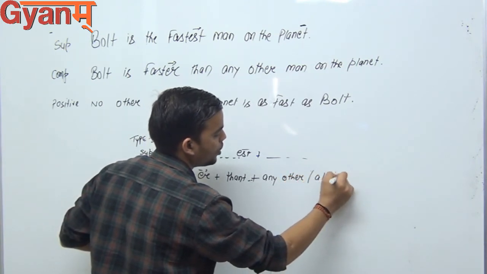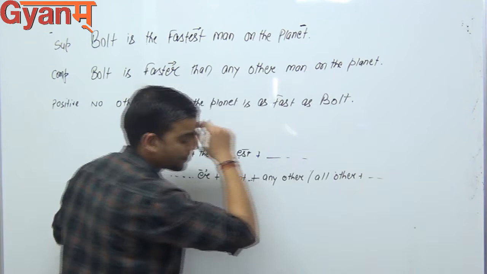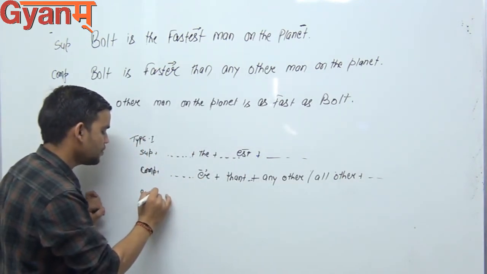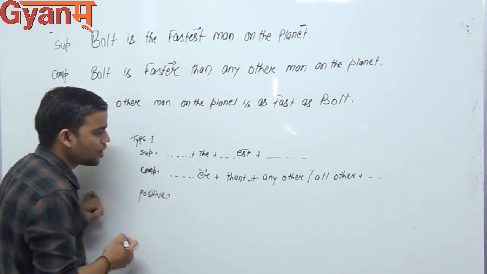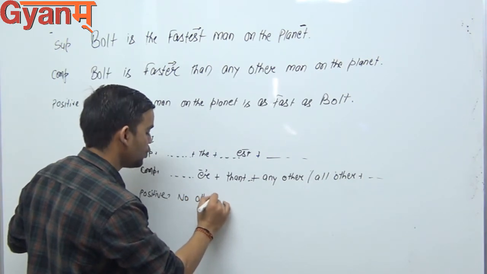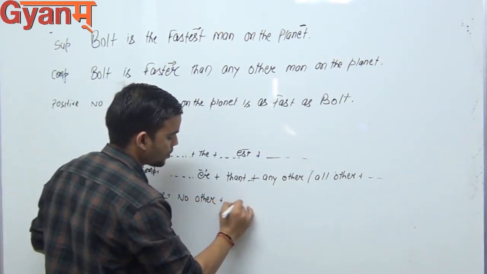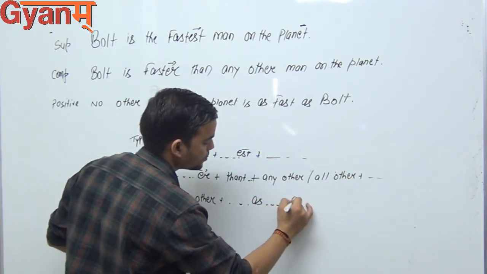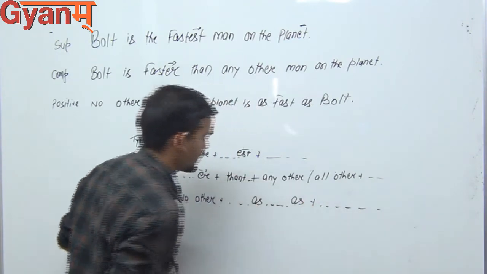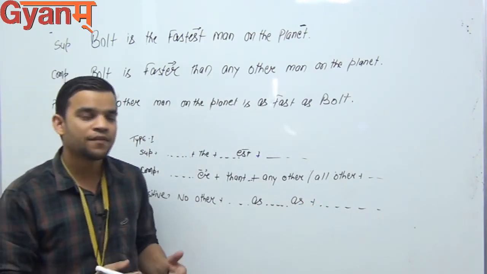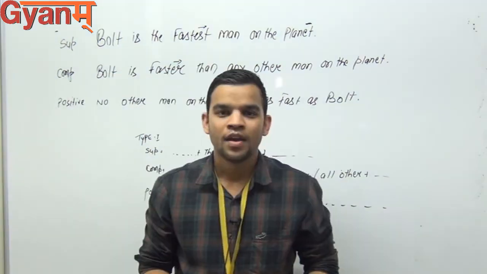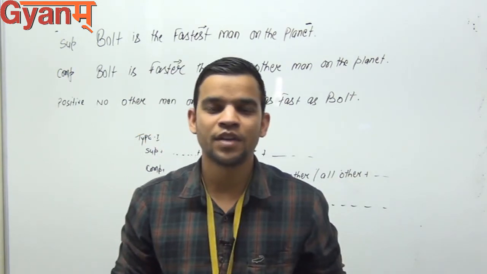So this is the comparative. And coming back to positive degree, the sentence will start with no other, and then as. So this is type 1. We have discussed type 1 of conversion of degrees in adjective. I hope you have got the idea of conversion of degrees.